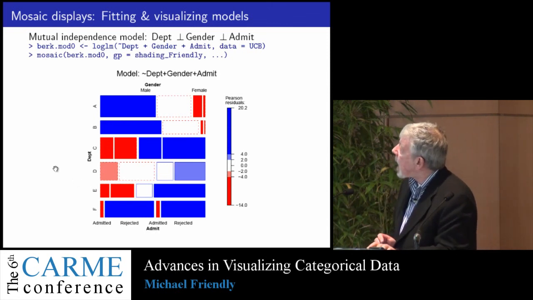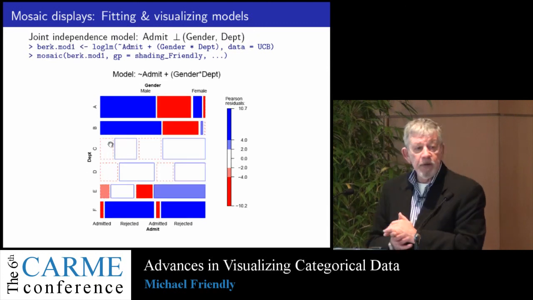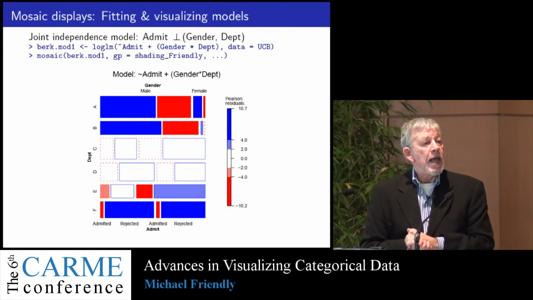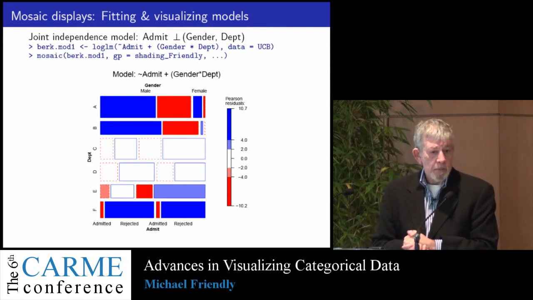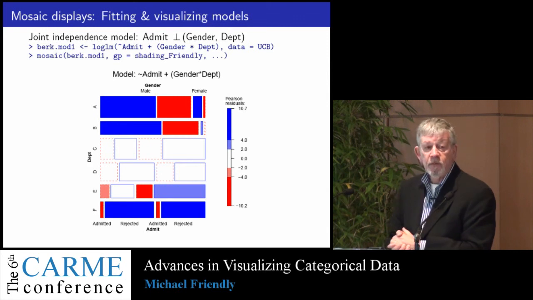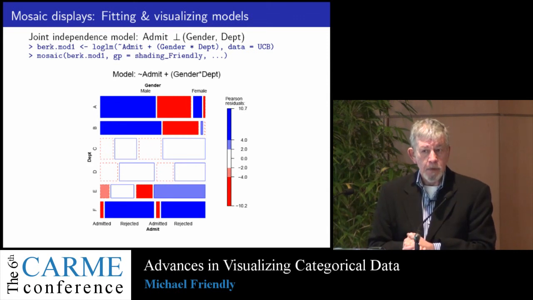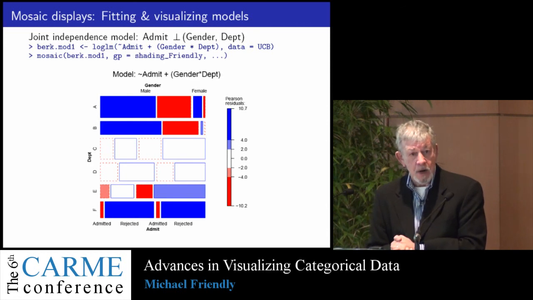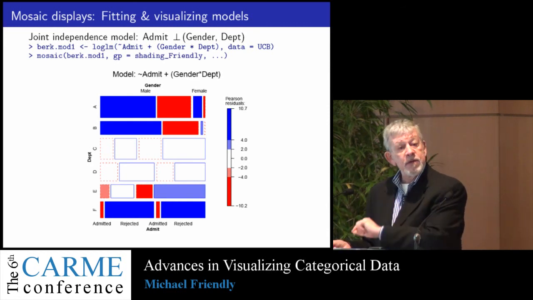This model obviously fits fairly poorly, so we can go on and fit a more refined model, a model that says that admission is independent of the joint combinations of gender and department. The shading in this Mosaic display, therefore, shows the extent to which that is not true.